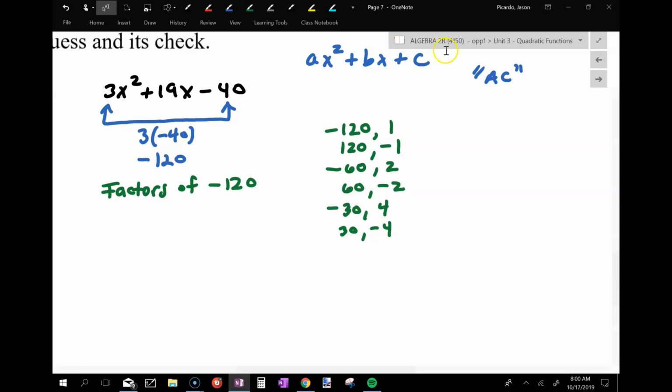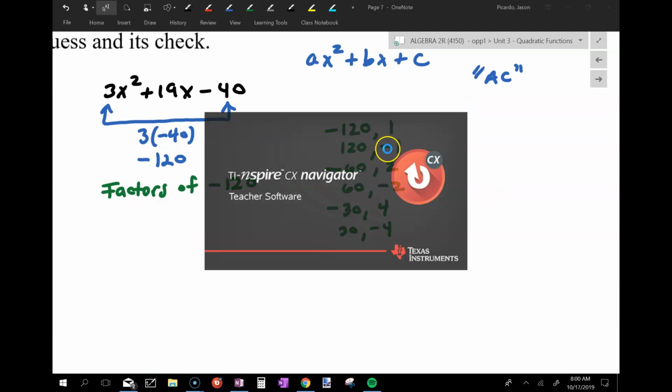I'm going to show you guys a nice little trick. If you ever run into this on an exam where you're like, geez, I can't think of all the factors, watch what you can do.